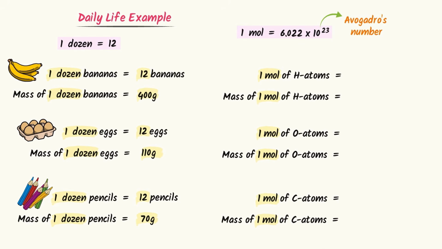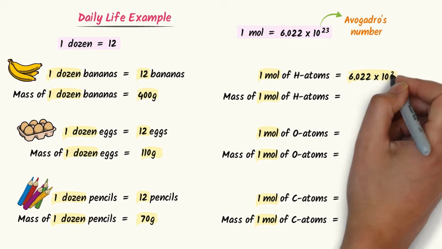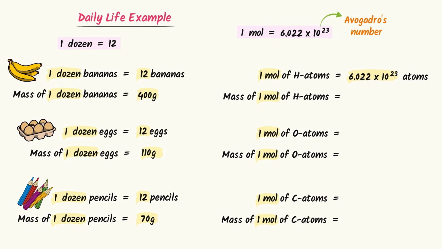Well, we know that 1 mole is a number and it is equal to 6.022 × 10^23. 1 mole of hydrogen atoms is equal to 6.022 × 10^23. To find the mass of 1 mole of hydrogen atoms, I will place 6.022 × 10^23 atoms on a digital balance.